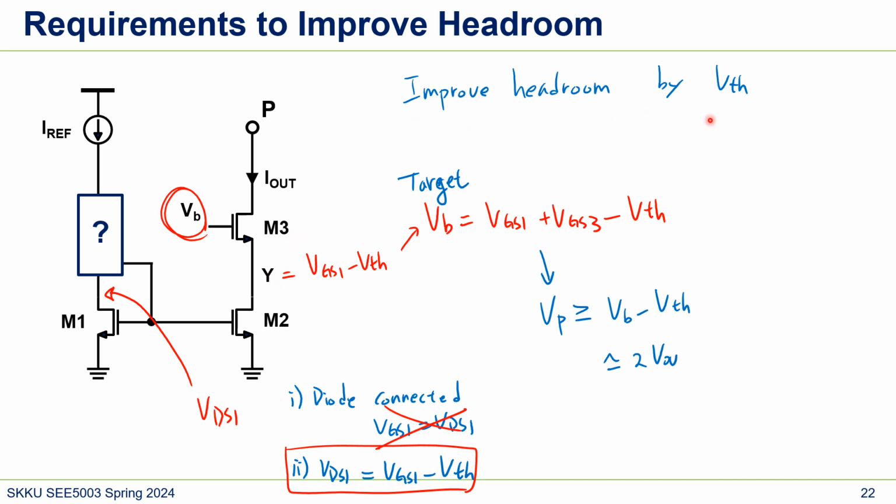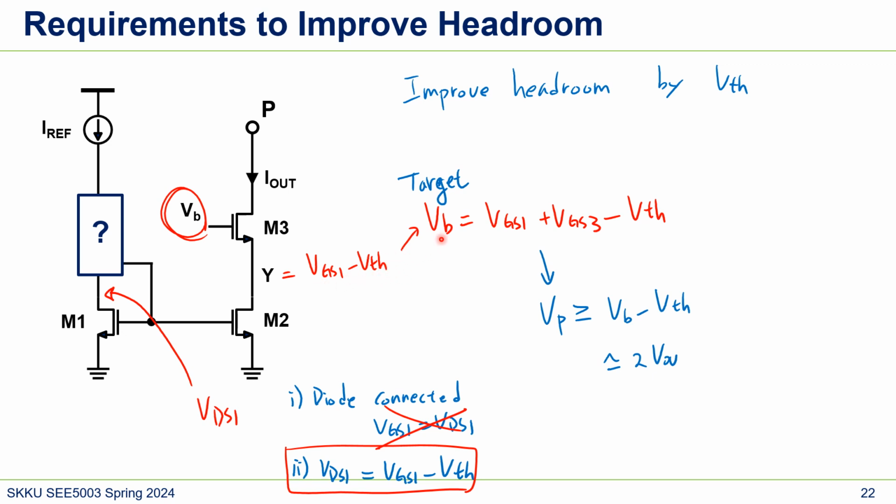Since we figured out in the previous slide that we can improve headroom by VTH, and the only way to do that is to reduce the voltage here, not using diode connection, we need some other circuit so we can reduce this VDS to VGS1 minus VTH. In diode connected, VGS and VDS were the same. But we need to do something to make VDS low. And since VDS becomes low, we can make the voltage Y lower. Like we can set it like this.